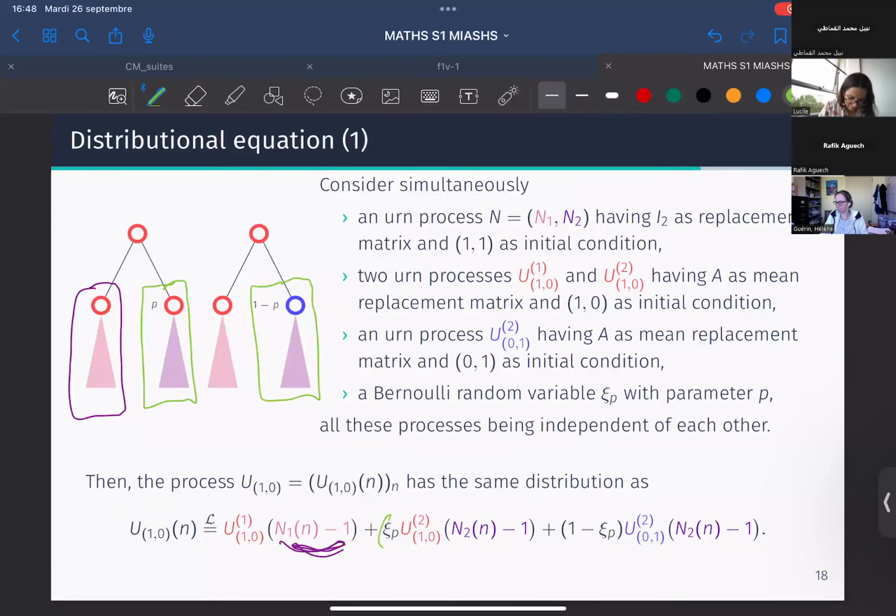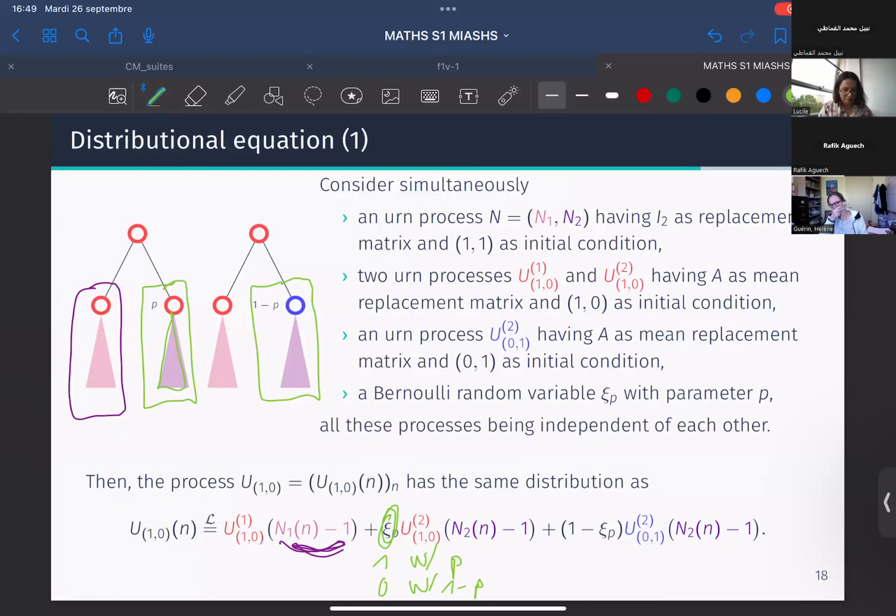So it's this one if you did the same thing, and that's this random variable. This random variable is saying that you added a red ball, so it's +1 with probability P, or 0 with probability 1 minus P. And you have to look at it at time, well, the number of balls here, because it's the time.